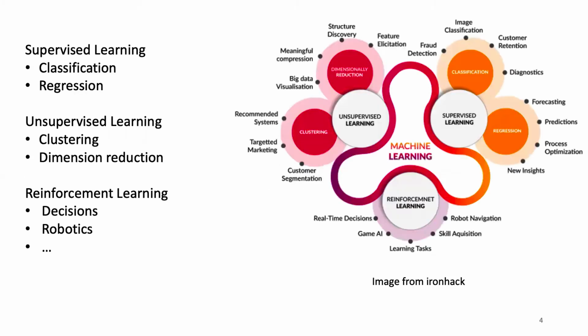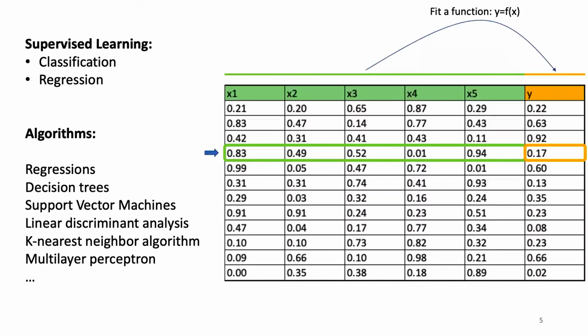Okay, there are basically three areas in machine learning: supervised learning, unsupervised learning, and reinforcement learning. In supervised learning, most of the time you can use it to do classification or regression.